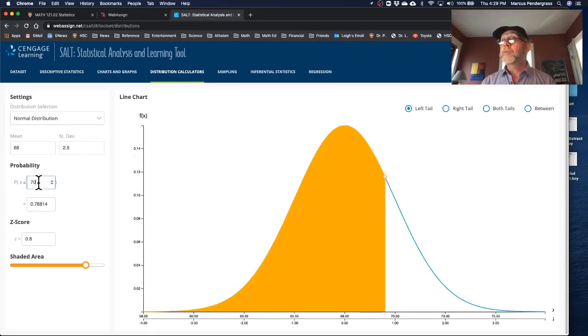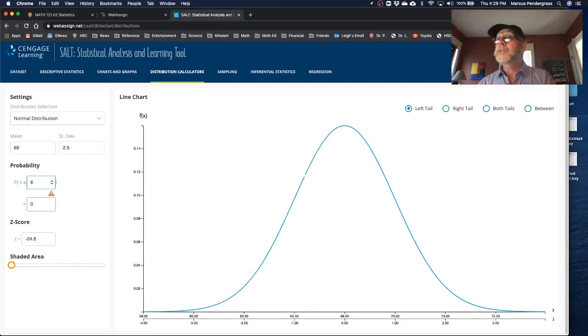And then I go back over here and under my probability tab and I say less than 62 inches, and you see that area highlighted right here, and the answer you're looking for is in the box here, 0.0082. So that would be 0.82%. So less than 1% of men in this population have a height of less than 62 inches.